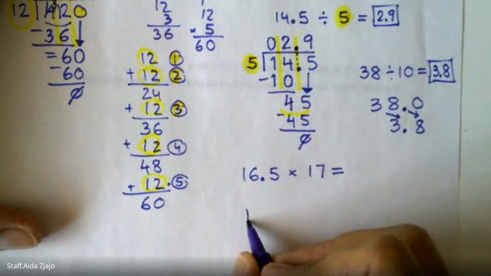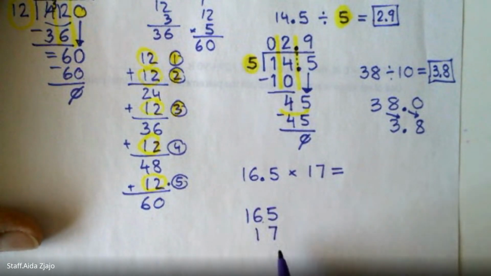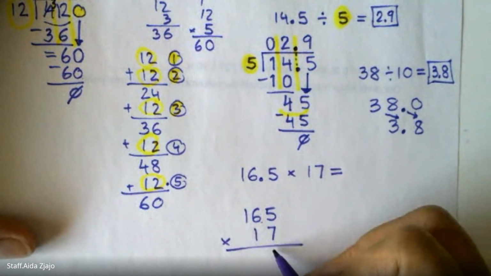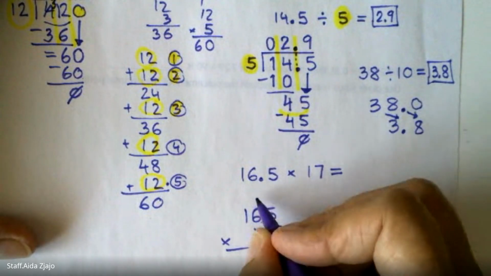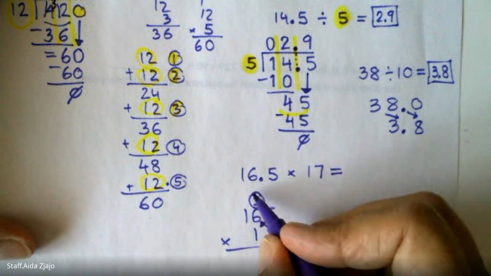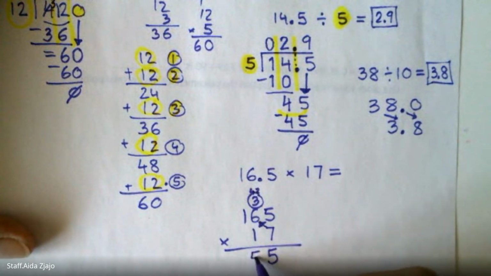So I have 165 times 17. 5 times 7 is 35. Write 5, remember 3. 6 times 7 is 42, plus 3 is 45.